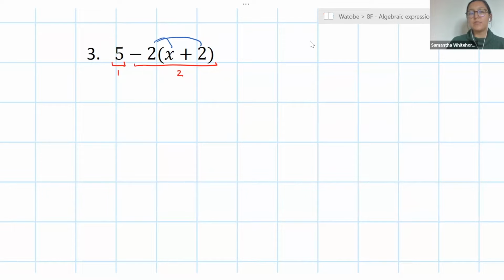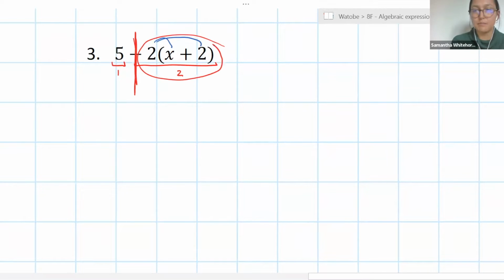Okay, so when you say simplify, do you say 5 minus 2 first? Exactly. Okay, no. So the 5 minus 2, the 5 and then the 2 in the bracket are actually separate terms. So I need to keep them separate. What I basically need to imagine is this negative sort of separating my expression up. And what I want to first do is make each term as simple as possible before I start adding and subtracting.